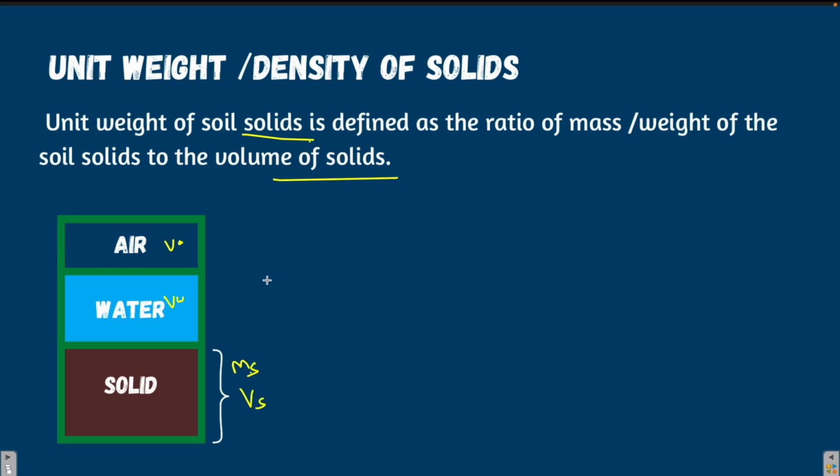If we divide the mass of solids to the volume of solids, or you can say the weight of solids to the volume of solids, you will get the density of soil solids. It is sometimes represented by gamma S. That means density of soil solids is mass of solids, or you can say the weight of solids to the volume of solids, and it has nothing to do with the volume of water or anything present in the voids.